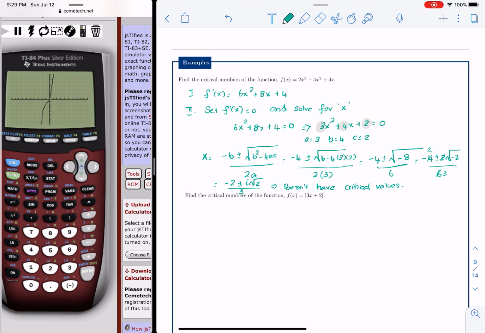Now, by zooming in, maybe I would set the window between -2 and +2. And you can see this particular curve doesn't have a well-defined maximum or minimum. It just kind of doesn't have a proper peak, even if you zoom further in.